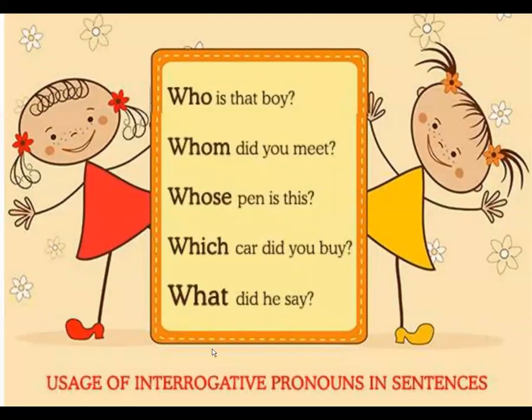What did he say? What were you doing? Abdul Rahman is asking: whom did you send the link of chemistry class? It should be: to whom did you send the link of chemistry class? When did you complete the essay?